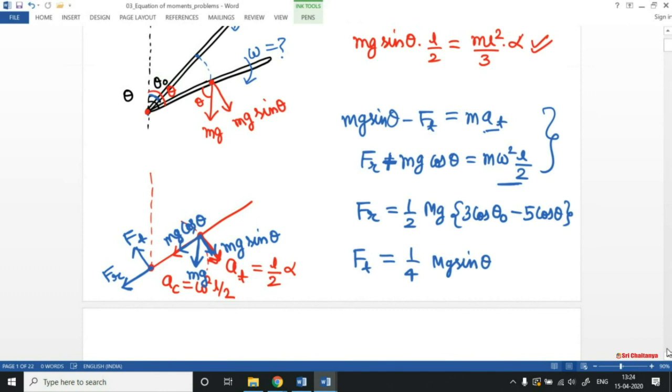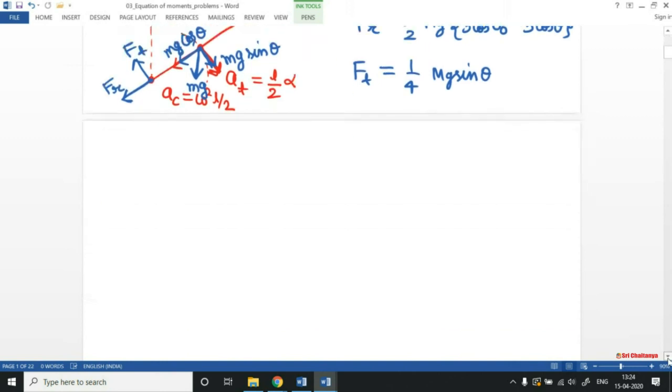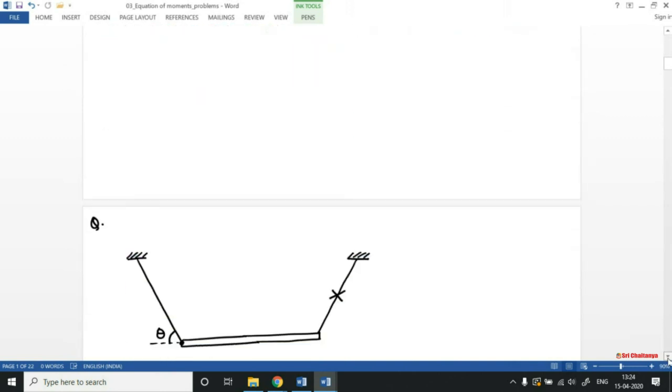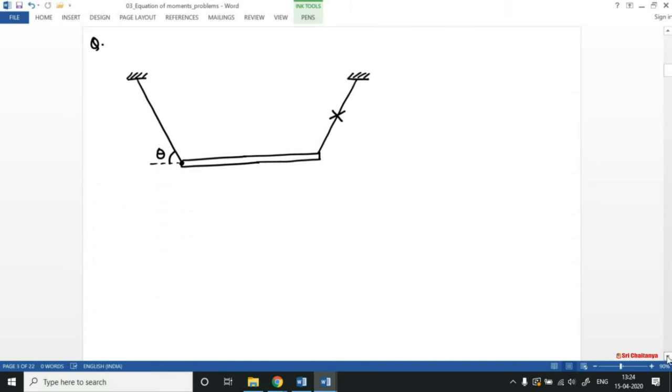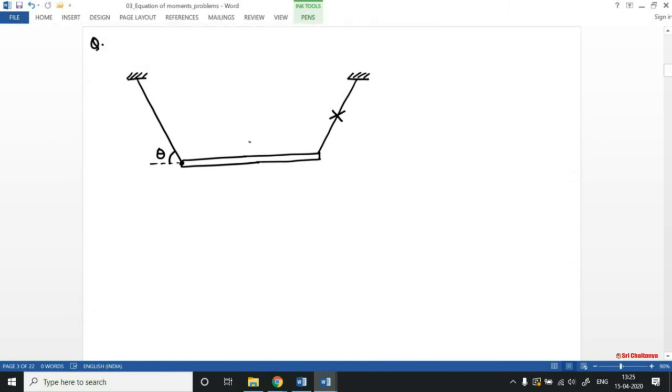Okay, so this is one of the problems, and another problem I want to discuss over here is this one. Here we have a rod of mass m and length L, which is initially suspended with the help of two strings, and this rod is initially in horizontal equilibrium.